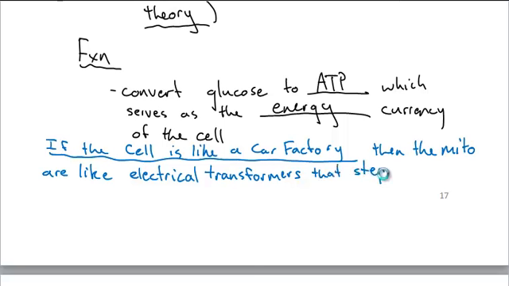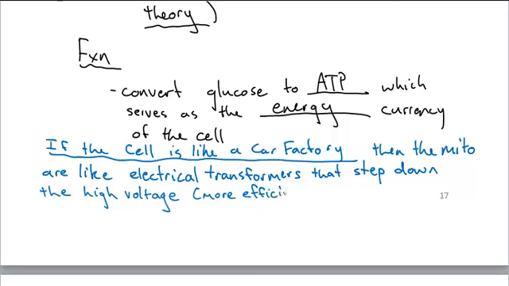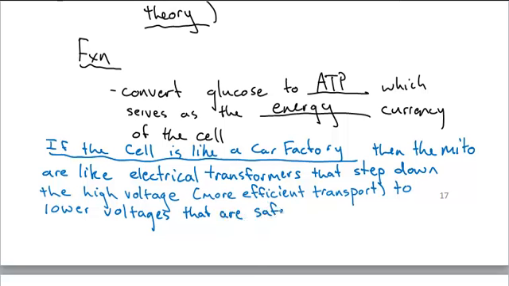that step down the high voltages, and electricity is sent by high voltage because it's more efficient to transport it that way, to lower voltages that are safer and easier to use.